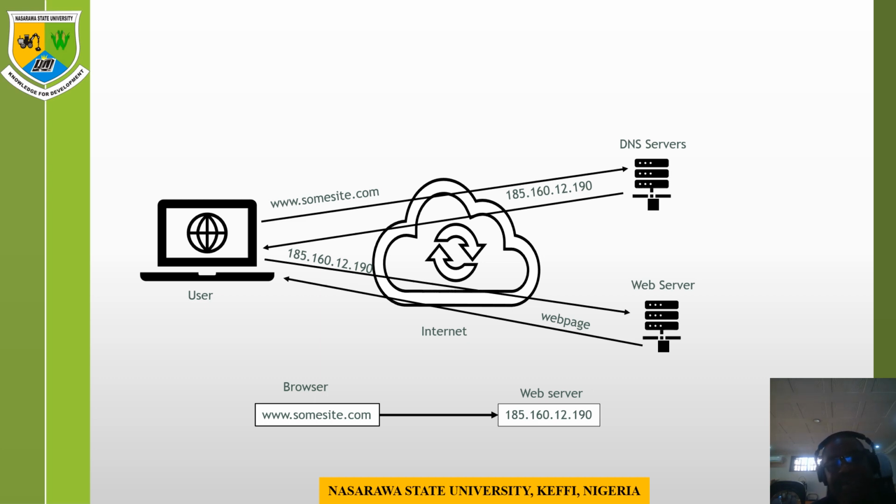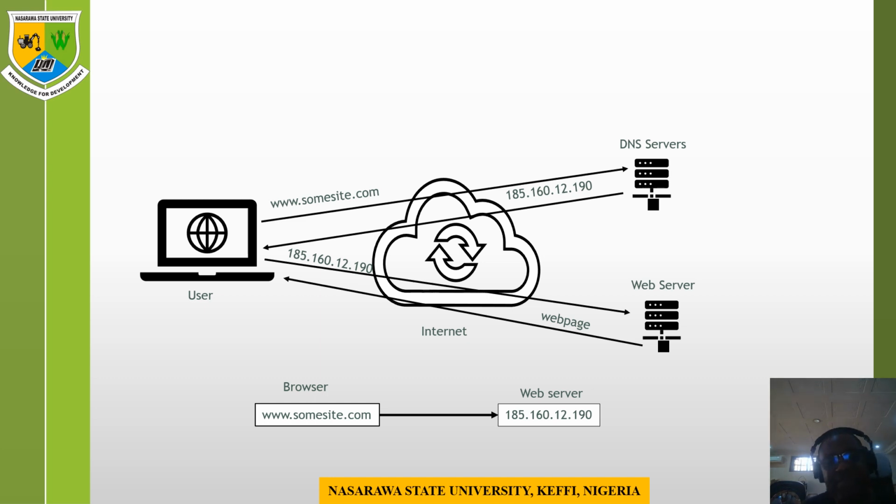So the web browser redirects the page to the web server, from where the web server will now return a response to that request. If that particular resource being looked for is available, it returns it to your web browser and it will display.